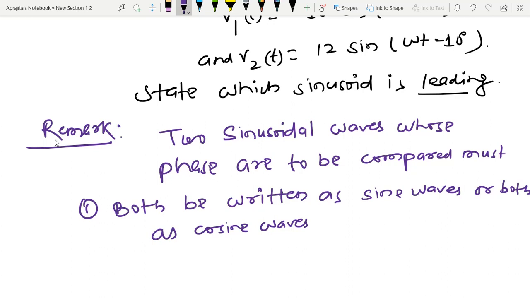In our example one is sine and the other cosine, so you have two options: either change V1 to a sine one or V2 to a cosine one.